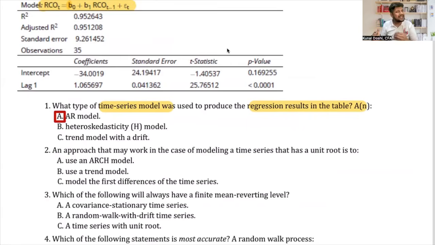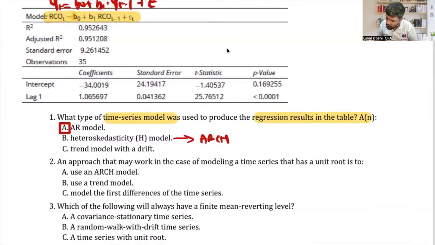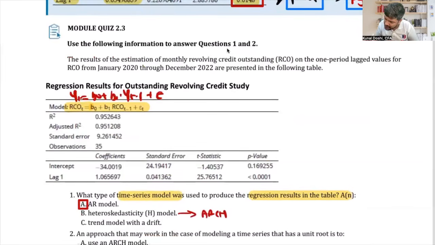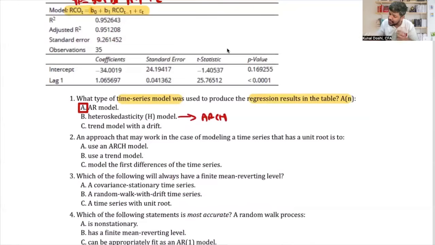The other option, heteroskedasticity, is the ARCH model, which we haven't discussed here. We will discuss that later on. And trend model with a drift? No, this is not with a drift. Understood? Why? Because we are regressing RCO, revolving credit outstanding. Why is this an AR model?